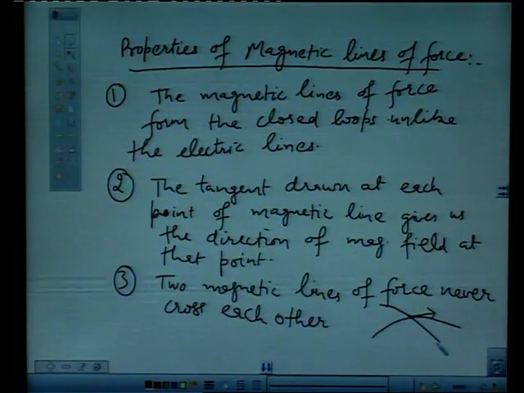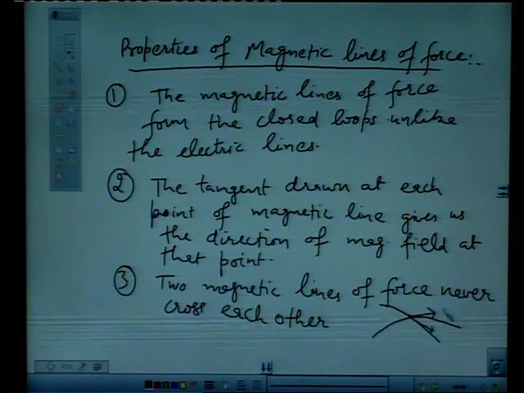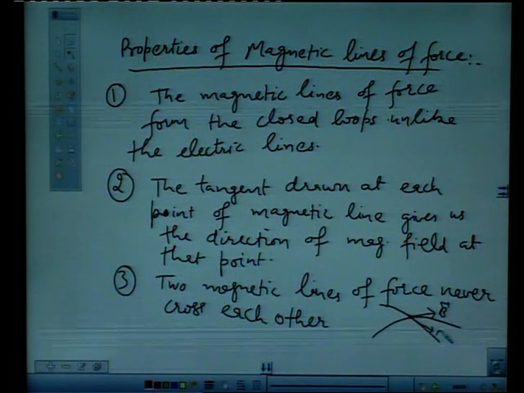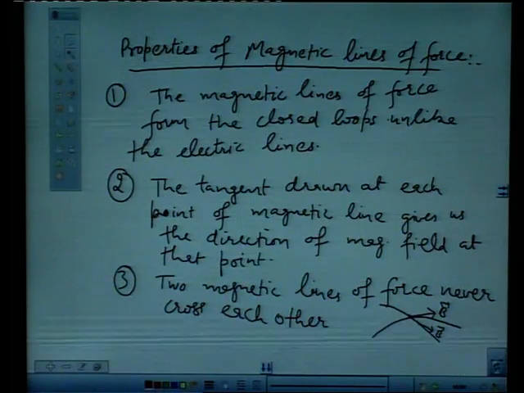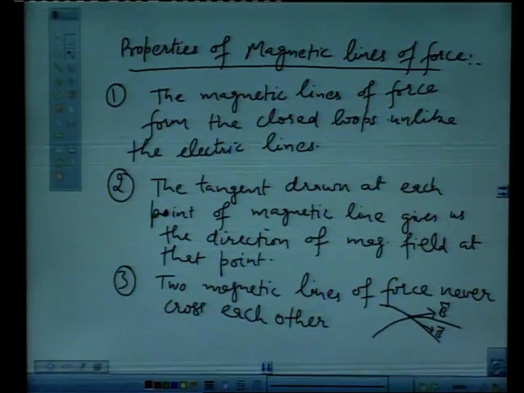Suppose we have two magnetic lines crossing each other. So at the point of intersection there will be two different directions of the magnetic field, which is not possible. So two magnetic lines of force never cross each other.